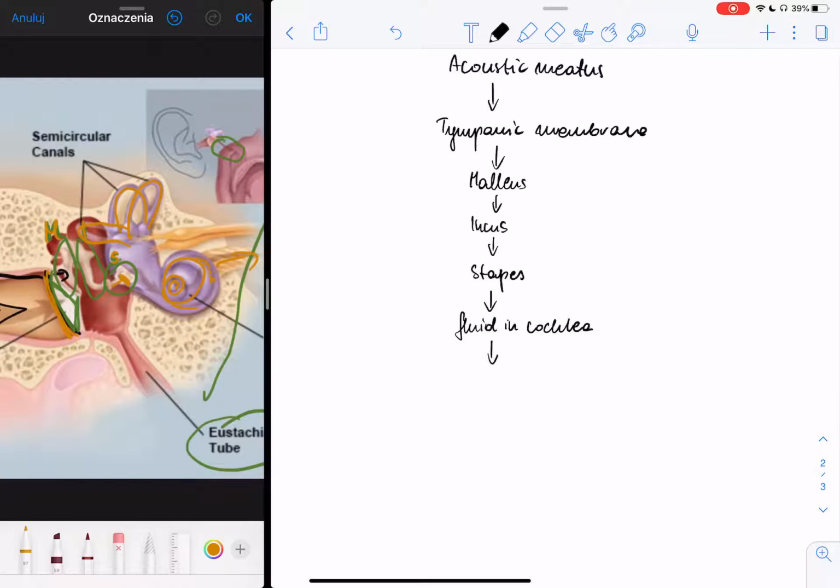Then what happens next? The sensory cells of cochlea are moving. And they translate the signal into electric impulse, nervous impulse.